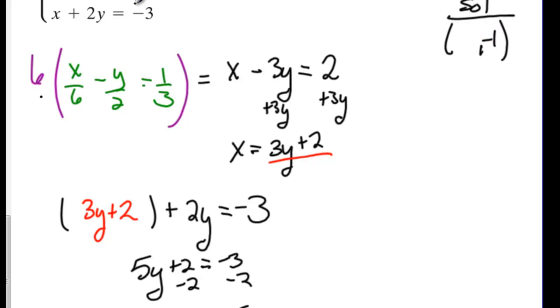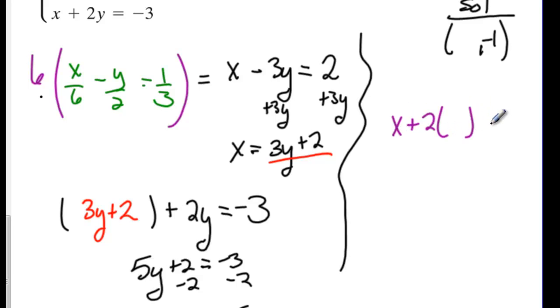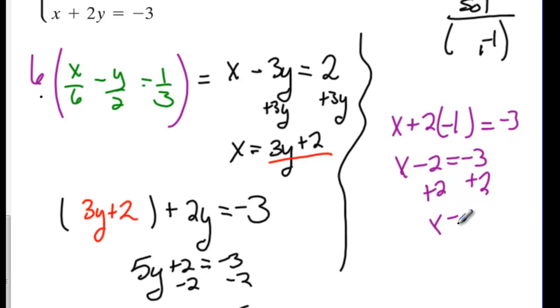So I just need to plug in and solve because I can see that second equation. I'm going to choose that one. So we have x plus 2 times y is negative 3. I'm going to plug in that negative 1. So x minus 2 equals negative 3. Add 2 to both sides. X equals negative 1.